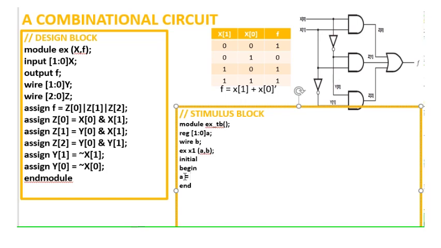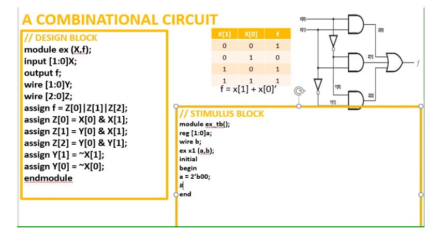So A equal to 2'b00. The first row of the truth table is 00. This is how you give the constant for a 2-bit signal. 2 is the number of bits, the tick comes in the format, b is the base, the number system base, which is binary, followed by the value, that is 00.